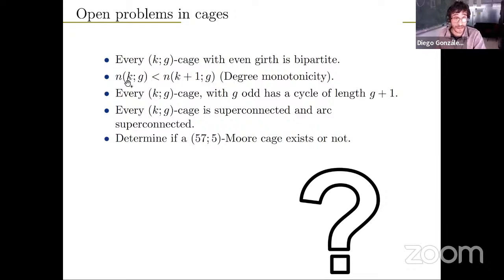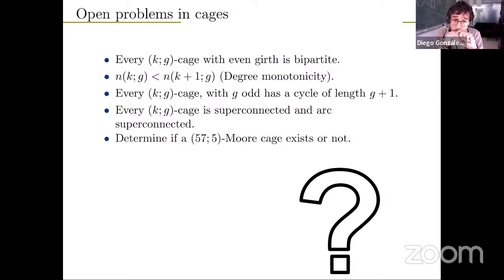If we fix the girth and increase the degree, it is conjectured that the order of the KG cage increases. Another conjecture is that every KG cage with odd girth has a cycle of length g plus 1. Another conjecture is that every KG cage is superconnected.